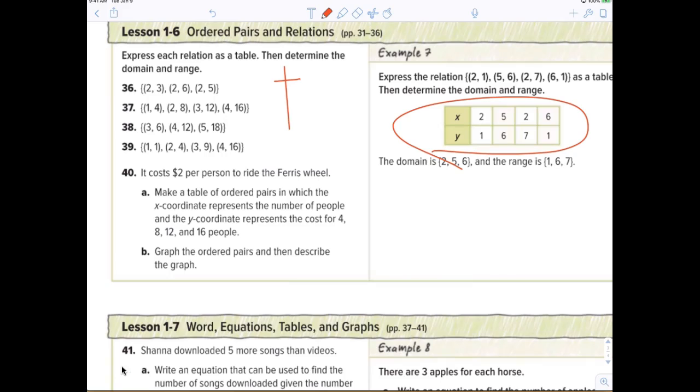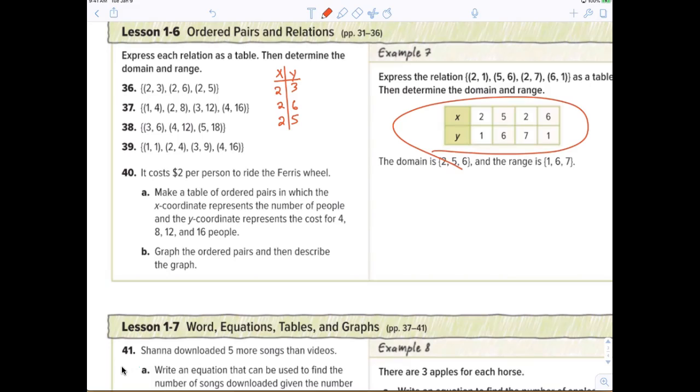All right. So X, Y. Now the X values 2, 2, 2, and then 3, 6, and 5. Is everybody okay with that? That's expressing it as a table.